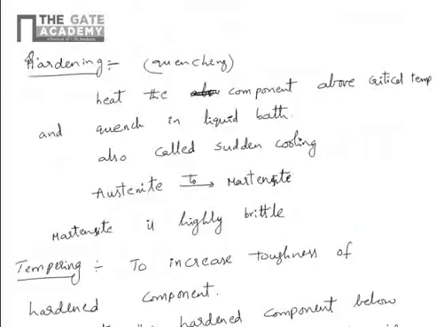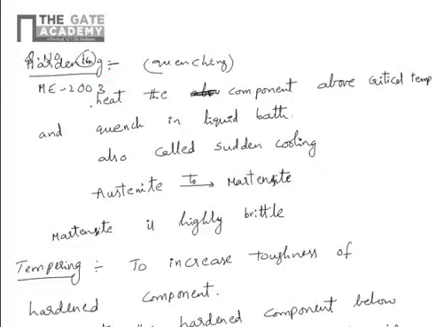Question number 14. GATE 2003, 1 mark question. Hardness of steel greatly improves with: annealing, cyaniding, normalizing, tempering.